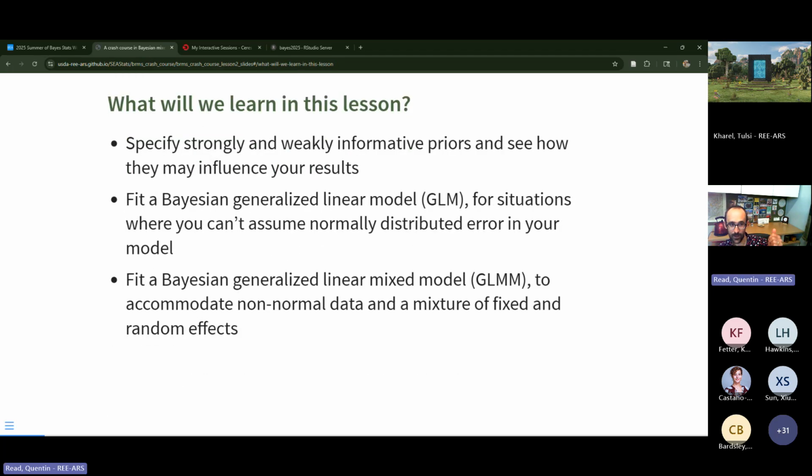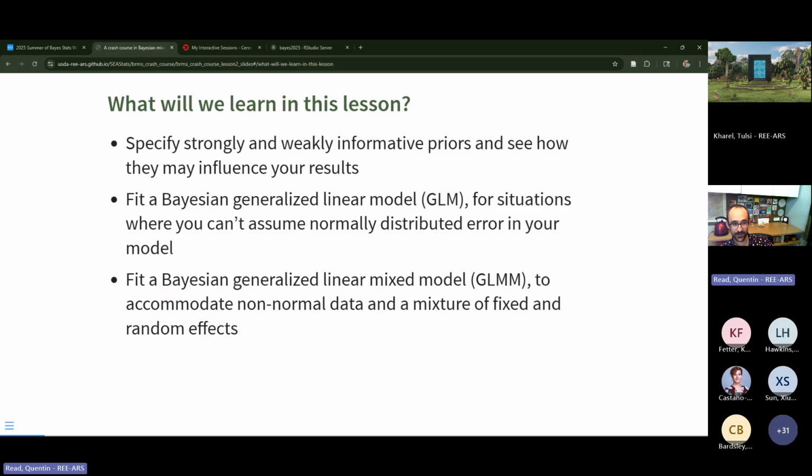What are we going to learn today? Well, we only looked at a very shallow level at priors. Now we're going to look more specifically at how we can vary priors and how that might influence our results. And then in terms of new models, so far the model we fit was a mixed model where we assumed normally distributed error.